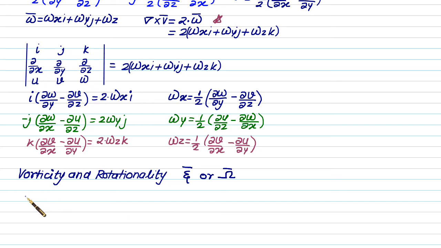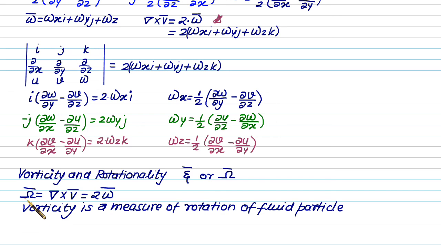So this time we have vorticity, which is the omega vector, is nothing but the curl, that is del cross v bar, and just now we have shown that del cross v bar is 2 times the omega vector. So from the given equation, we have vorticity which is equal to the curl, which is equal to 2 times omega bar.